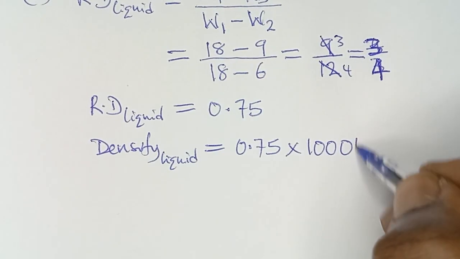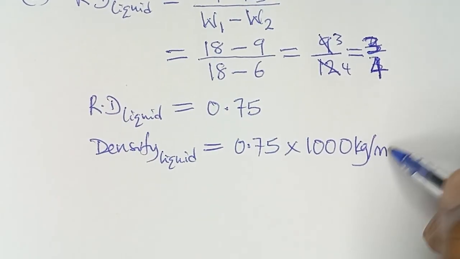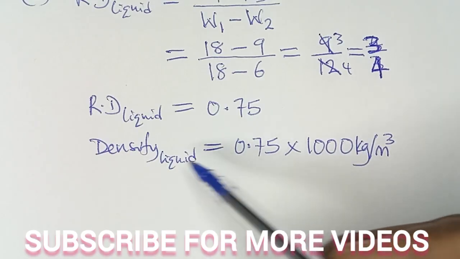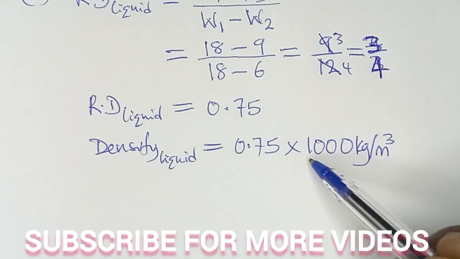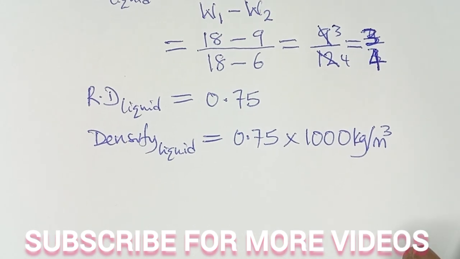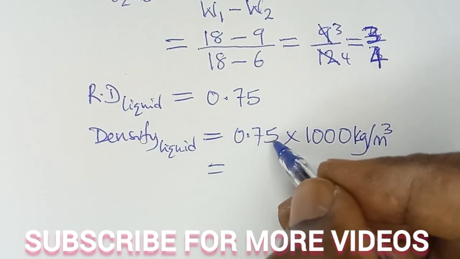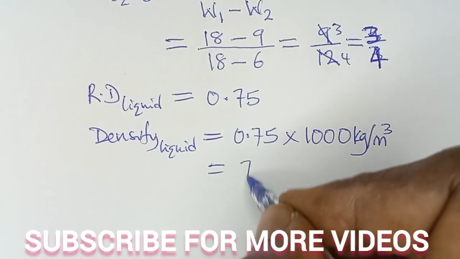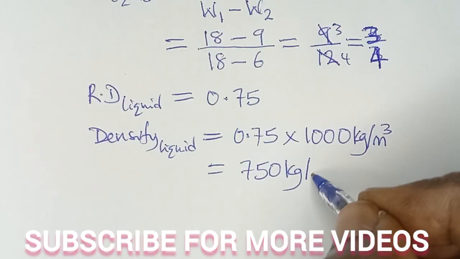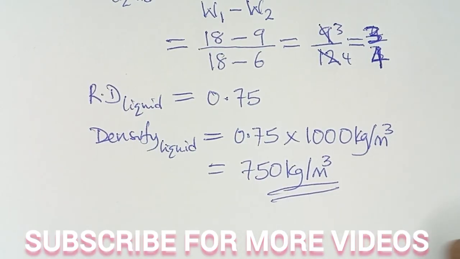And this 1000 is the density of water, which is kilogram per meter cube. So to convert relative density to density, you multiply it by the density of water, which is 1000. And that will give us the density of the liquid as 0.75 times 1000, which is 750 kilogram per meter cube. So this is the final answer.